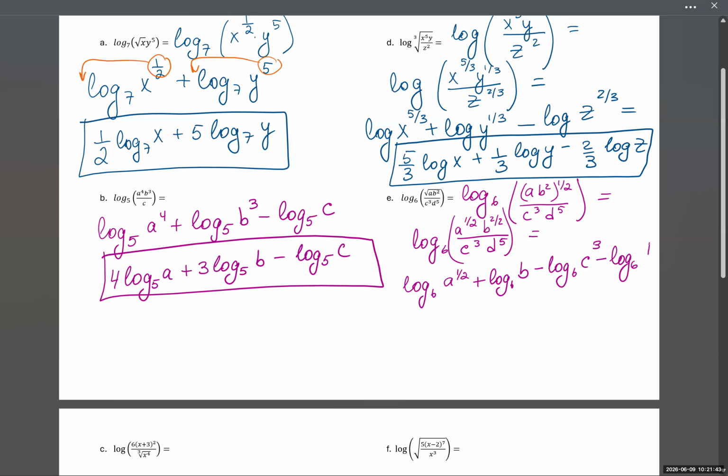Log base 6 of d to the 5th, and then put all the exponents in front of the log. So 1/2 log base 6 of a plus log base 6 of b minus 3 log base 6 of c minus 5 log base 6 of d.